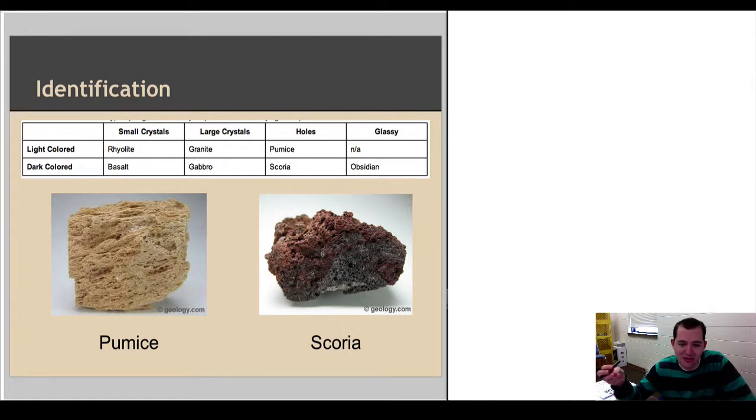So those holes are an easy way to identify a rock as igneous. Those are the only rocks that have those holes, because they are actually air holes in that liquid lava. And again, we've got a light and a dark example.